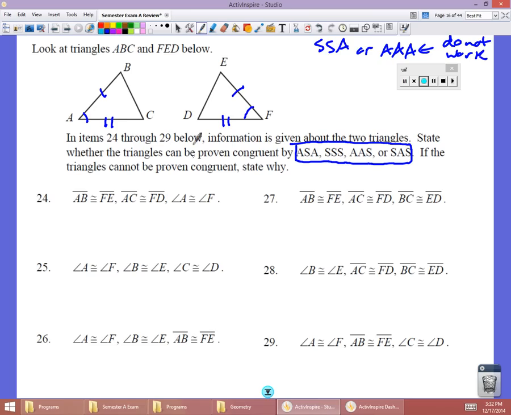In this case, because the two sides are used to make up the angle, it is the included angle, and these two are congruent by side angle side. So this would be yes, they are congruent by side angle side.